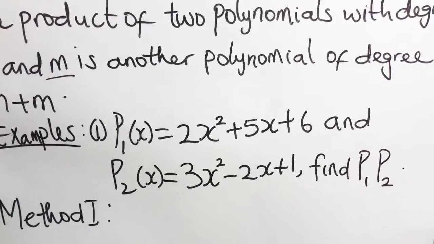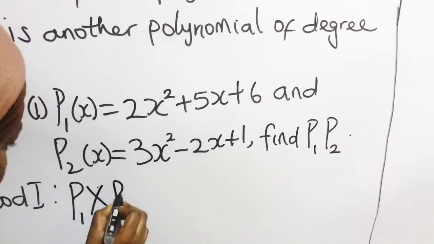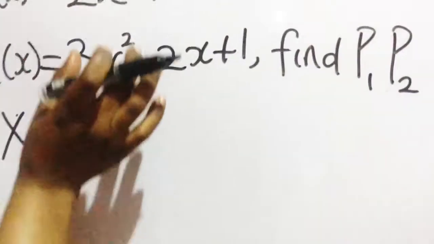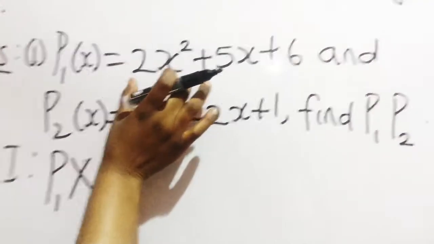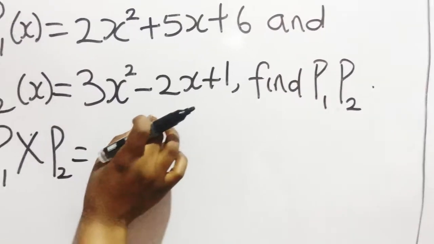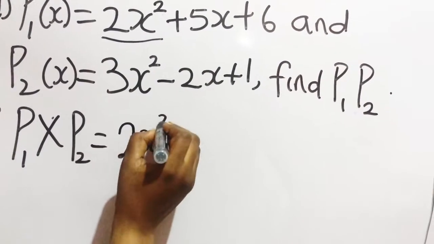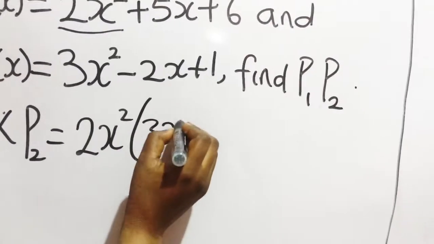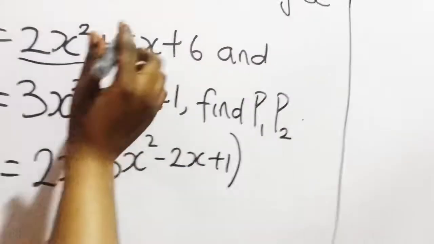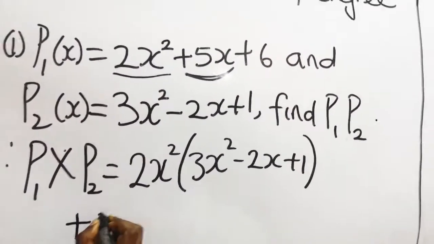The first method is that you want to find P1 multiplied by P2. The next thing is that you take each value of P1 to multiply everything in P2. Now let's take 2x squared first: 2x squared, then multiply by 3x squared minus 2x plus 1. Then you take another value here, which is plus 5x.